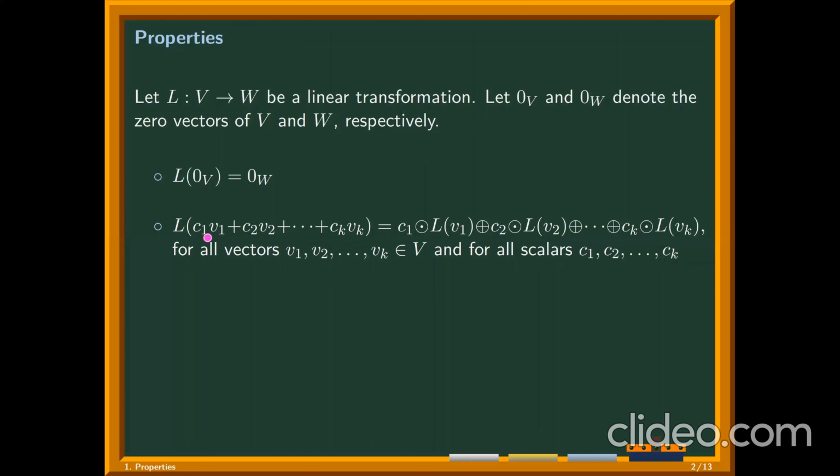So if you have a linear combination of vectors v1, v2 up to vk, then L of this linear combination is always equal to this linear combination in W. So you can take out the scalars, then compute images of the vectors involved, and then take scalar multiples, and then perform, lastly, vector additions. This should hold for all vectors in V and all scalars.